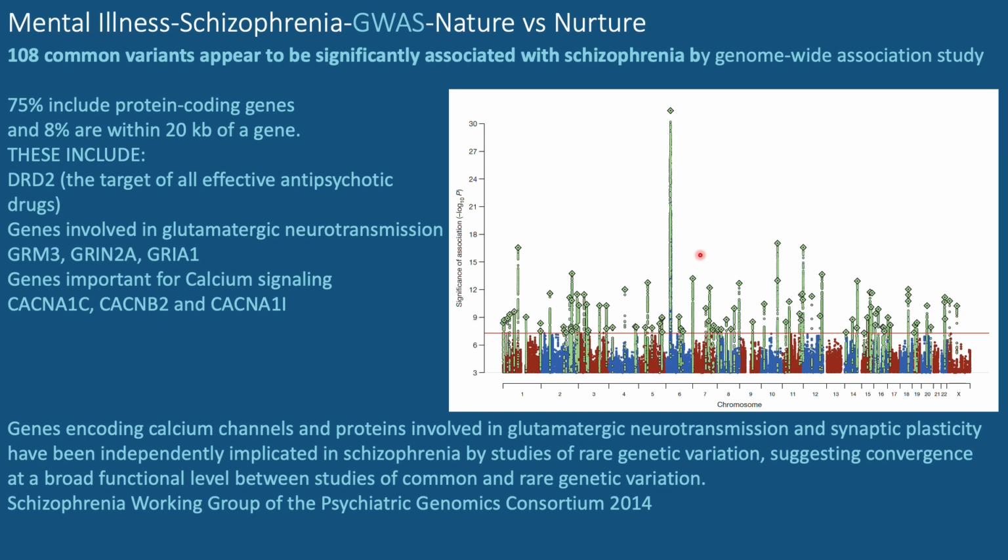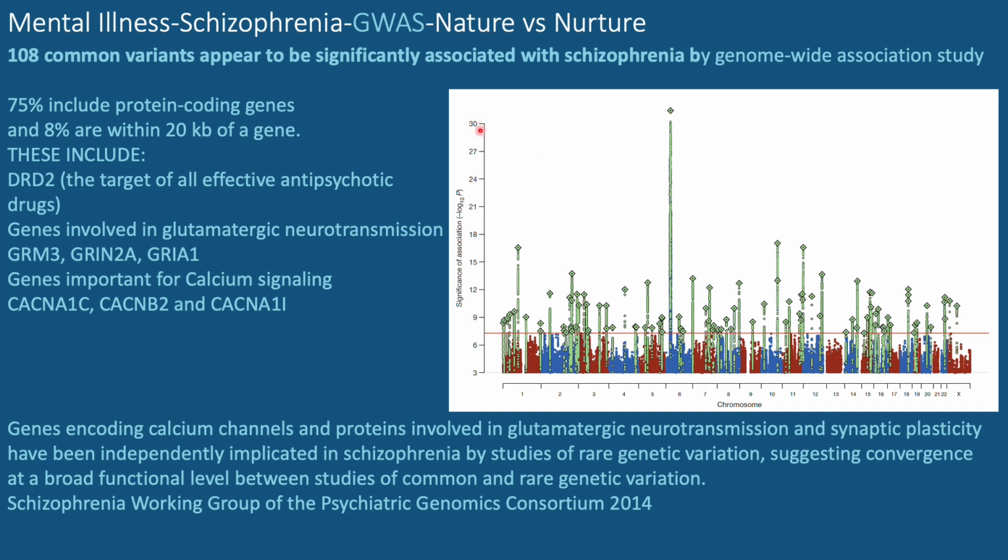First of all, we can look at this picture from the paper from 2014 and try to understand it. What we see here on the x-axis, the horizontal axis, is the number that represents each chromosome, 1, 2, 3, 4, 5, up to the sex chromosomes.